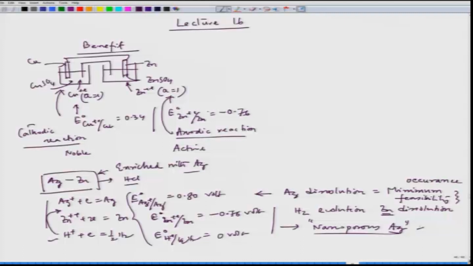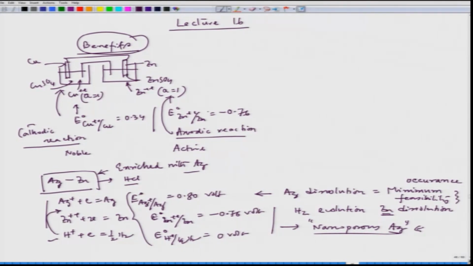That option is also there, but finally, after the formation of nanoporous silver, we get to see that in the solution the silver content is as minimum as possible. So, this information we can also make out. One thing, of course, we know what is active and what is noble. So, these are the benefits.